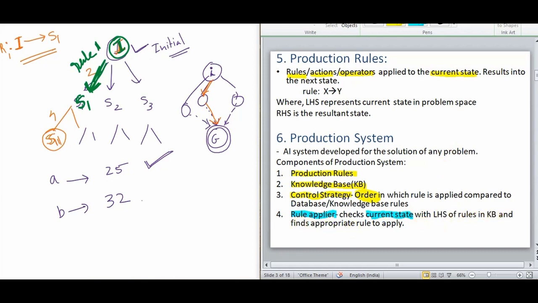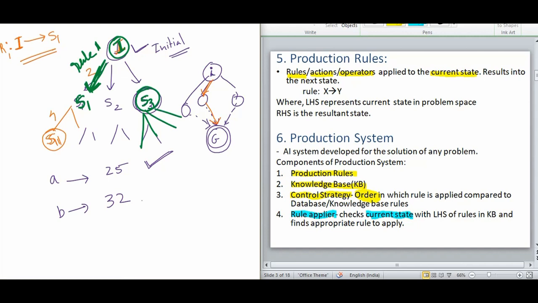For example, in this case, suppose I am in S3. S3 is my current state. Now, which rule is supposed to be applied? There are many rules.